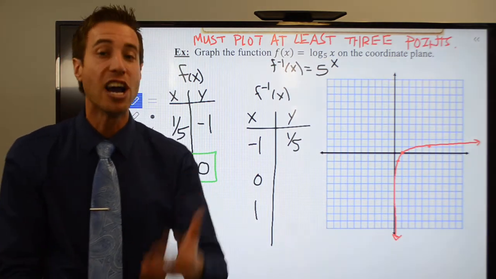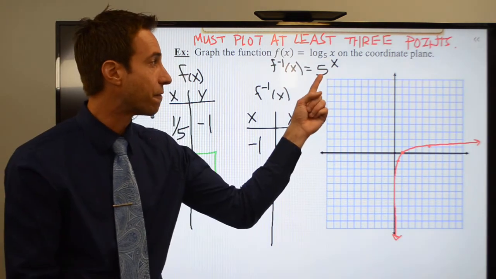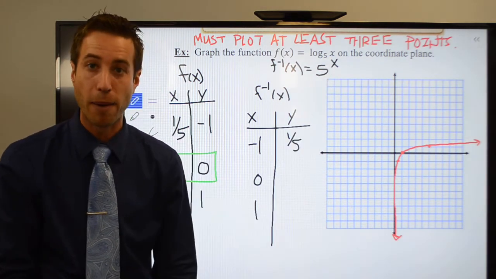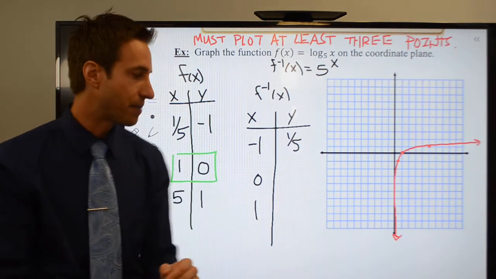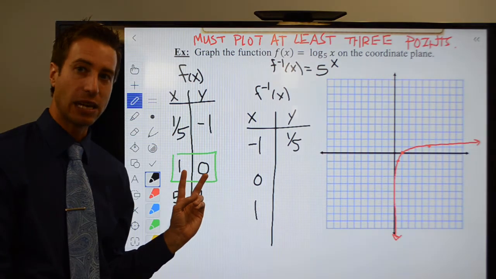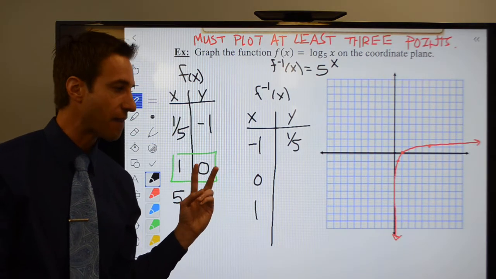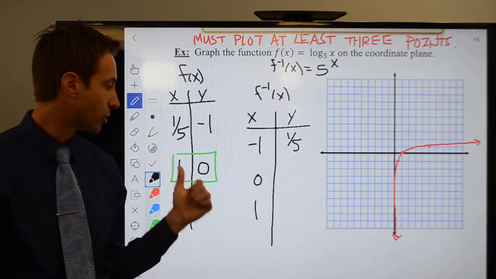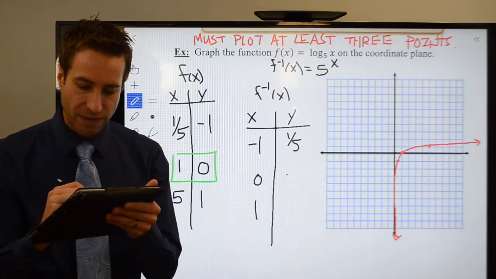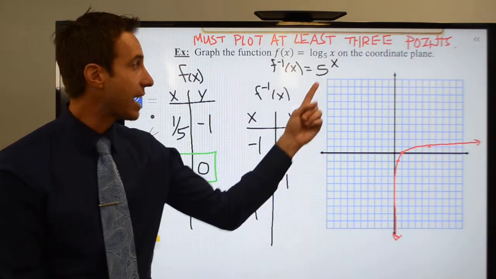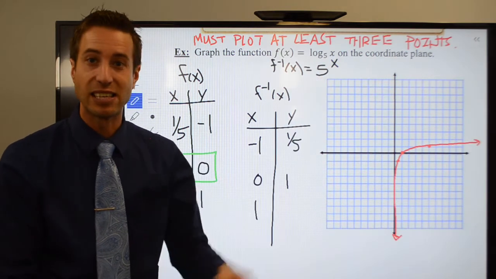And if you don't believe me, go ahead, throw this in your calculator. 5 raised to the -1 power, you're going to get 1/5. Same thing here. If I have 1, 0, the inverse, the x and y values will switch places. So instead of 1, 0, I'll have 0, 1. If you don't believe me, go ahead, do 5 raised to the 0 power.